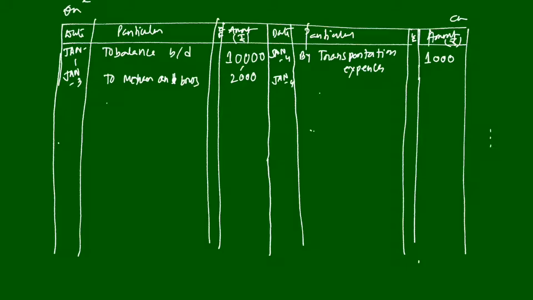January 8 by machinery account 15,000. Now the question is, what is the value of GST? So you have to calculate 15,000 into 18%.